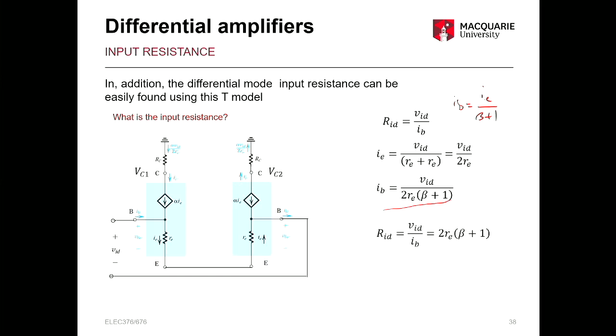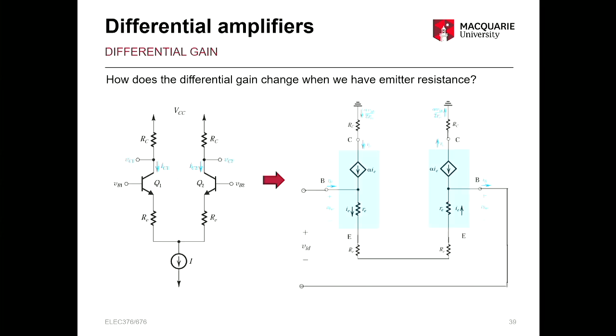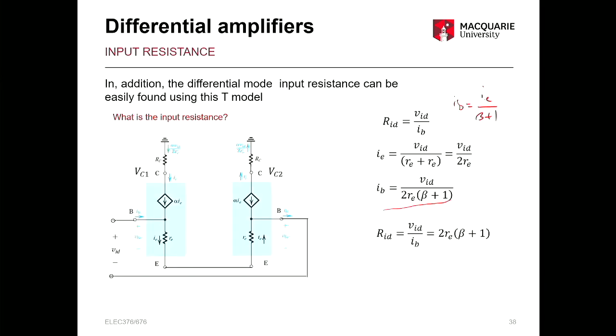So we have our VID divided by IB. Of course, our VIDs then cancel out. Equation flips, so 2RE beta plus 1. Okay, makes sense? So now we have an expression for the actual input resistance seen looking into the circuit, from the input.